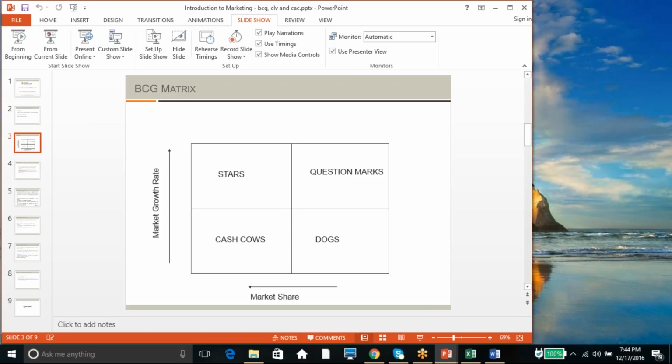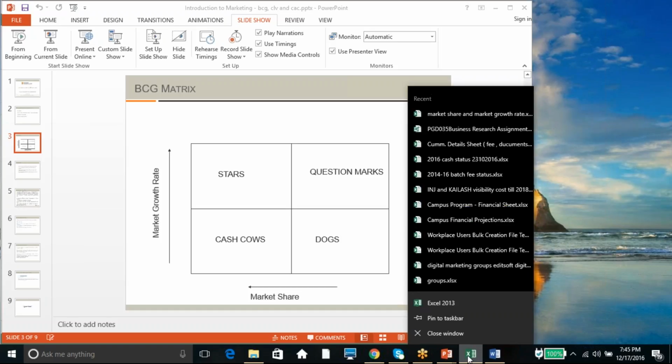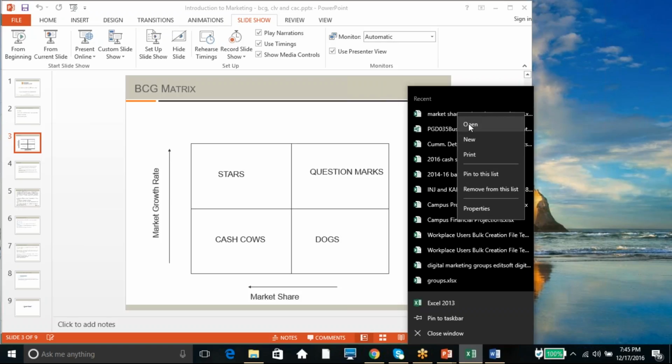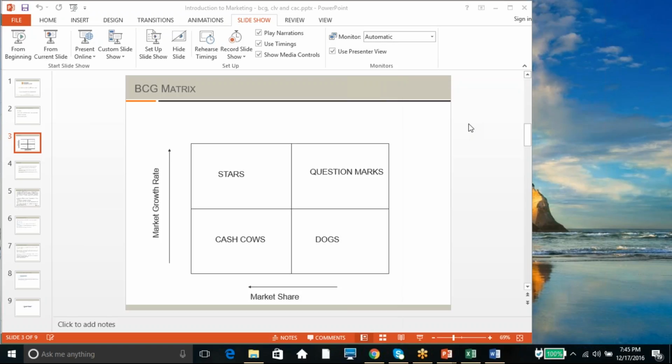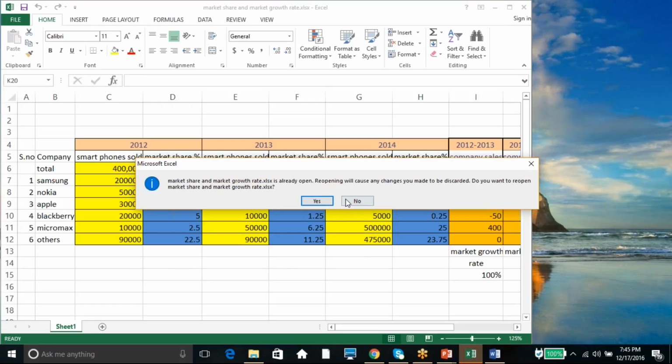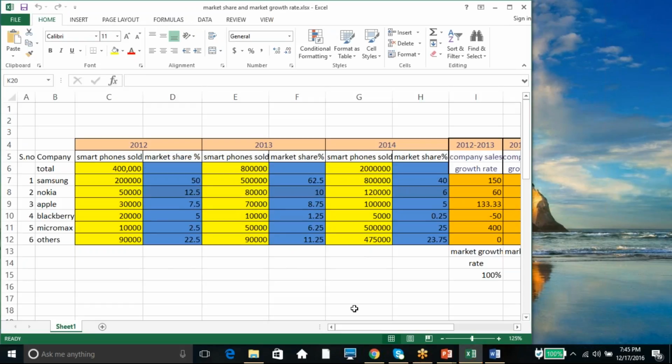And more importantly, we want to understand the terms of market share, market growth, and sales growth. So I'll use an example of an Excel sheet.